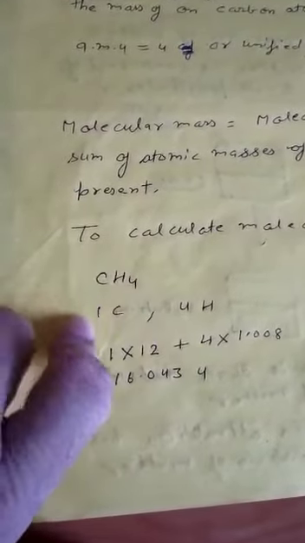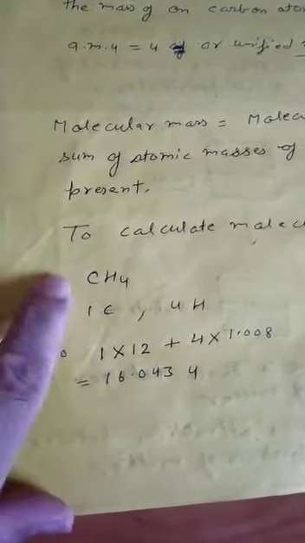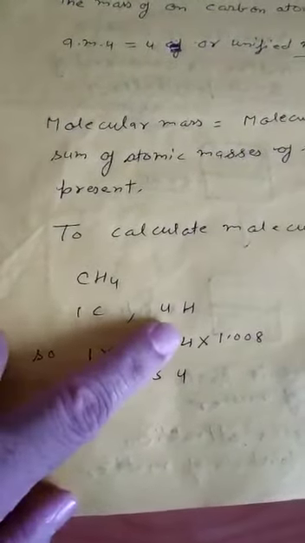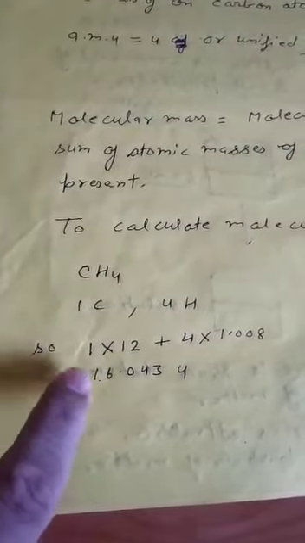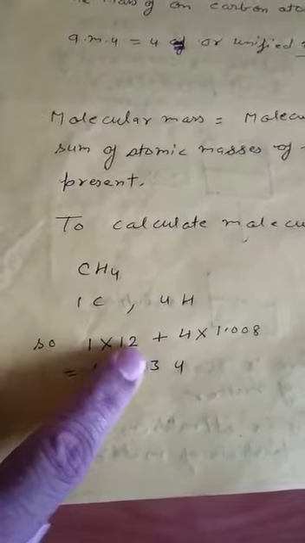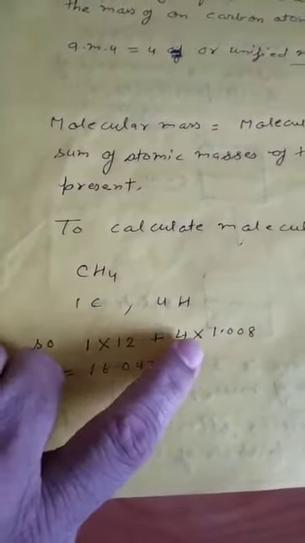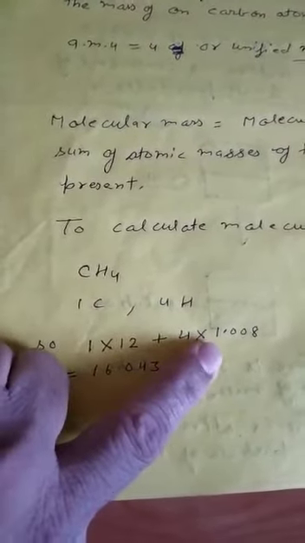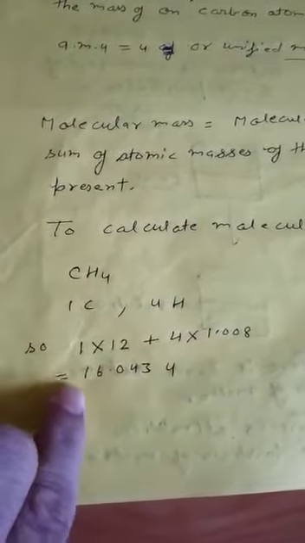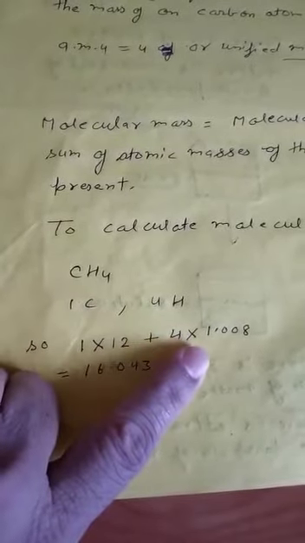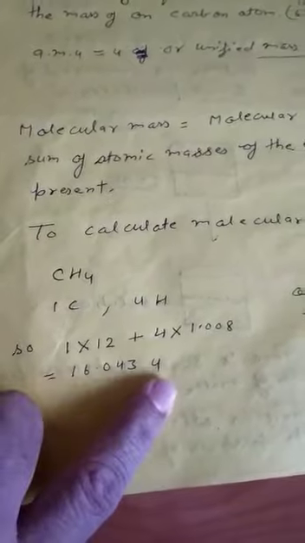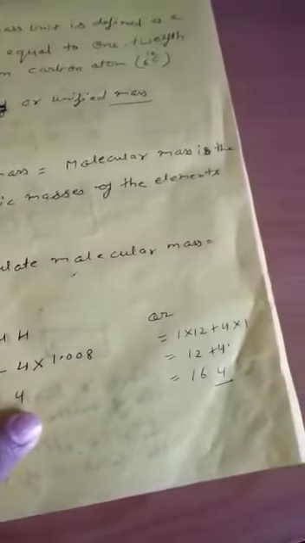So for methane, to calculate molecular mass, we have to add the mass of 1 carbon atom and the mass of 4 hydrogen atoms. The mass of 1 carbon is 1 into 12, that is 12 u, and the mass of 4 hydrogen is 4 into, if you take the exact mass of hydrogen, 1.008 AMU. So it is 1 into 12 plus 4 into 1.008, which is equal to 16.043 u, or atomic mass unit.